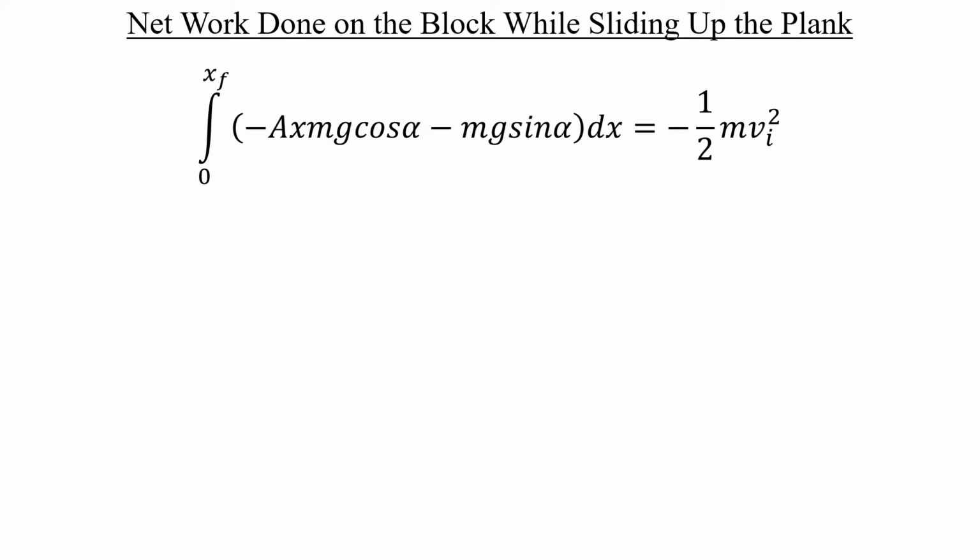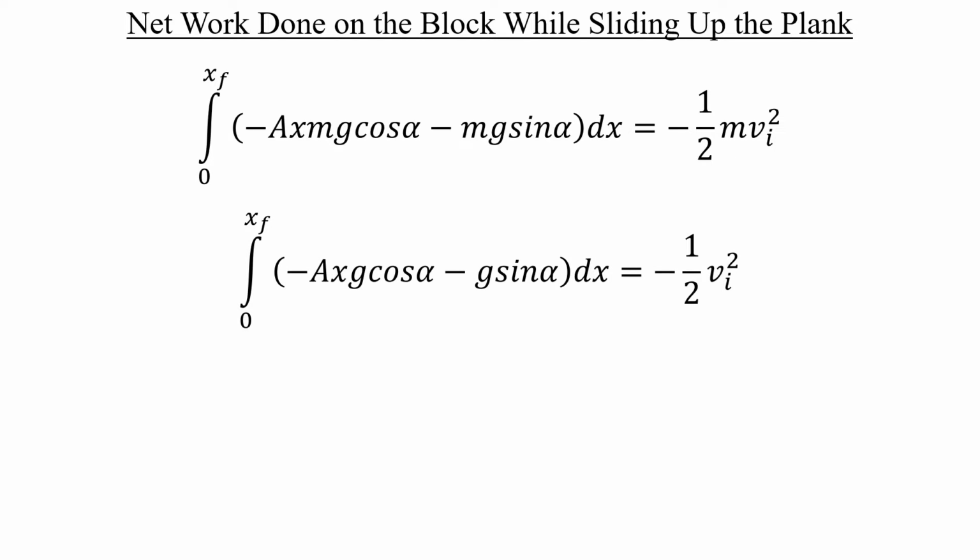Before we integrate, let's eliminate some things and simplify this a little. We have the mass of the box on both sides, so that can be removed. There's also a g in both terms on the left, and that's a constant here, so we can factor that out.